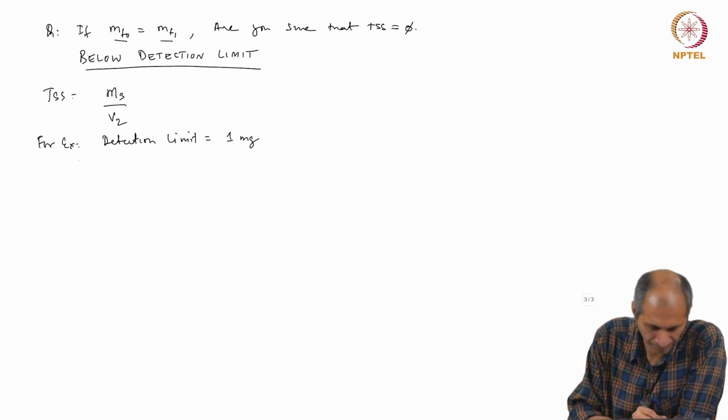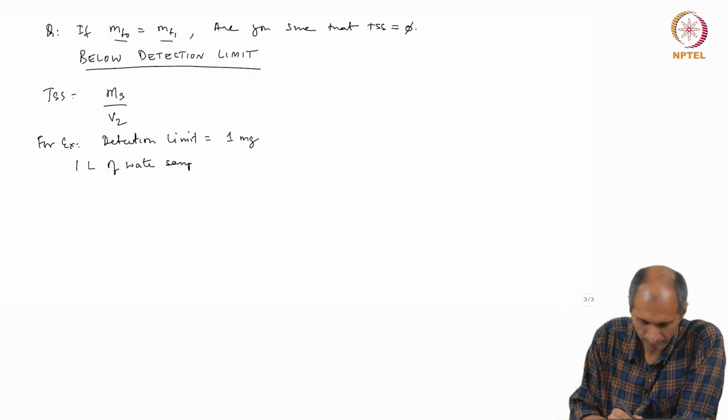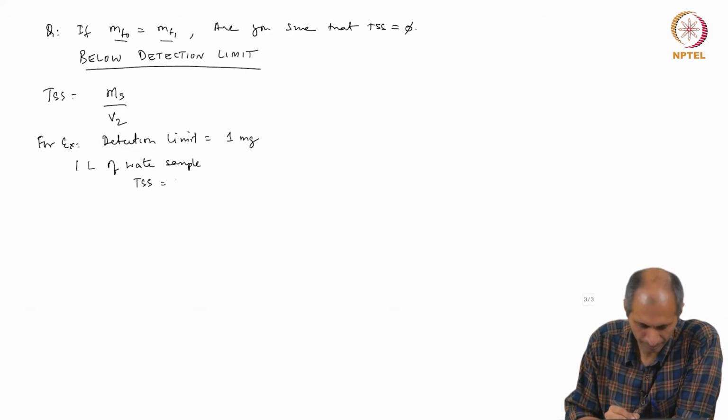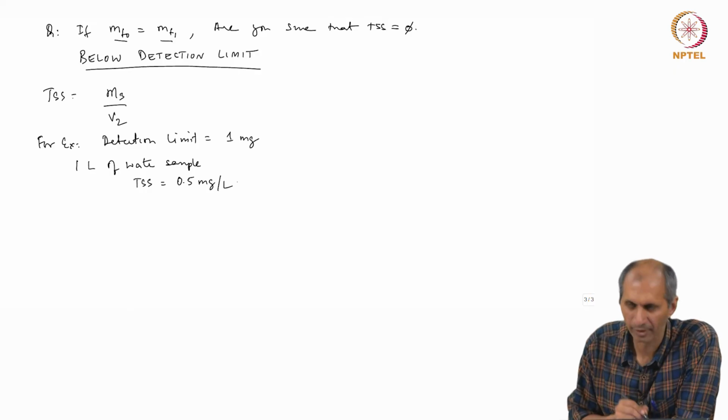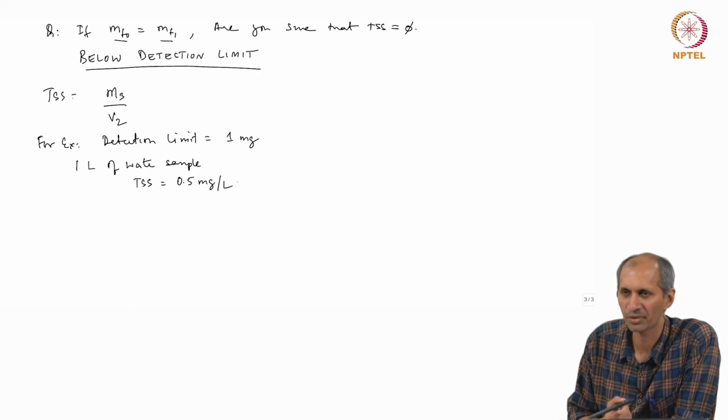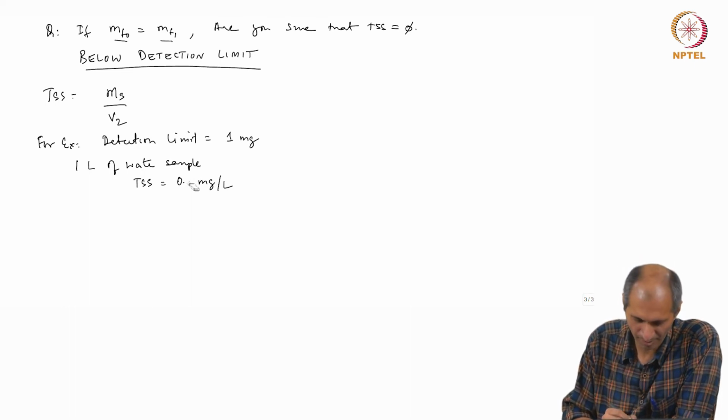Now, I take 1 liter of water sample with a TSS of 0.5 milligram per liter. I am not going to see anything in the balance. Let me say, to be very clear, I will put it as 0.3.